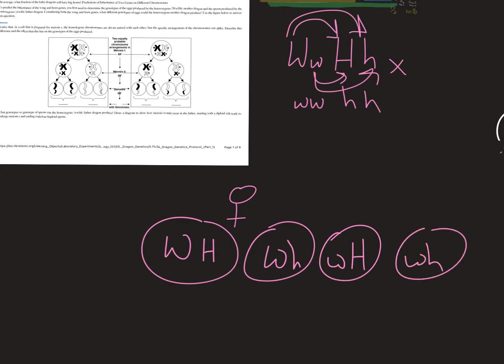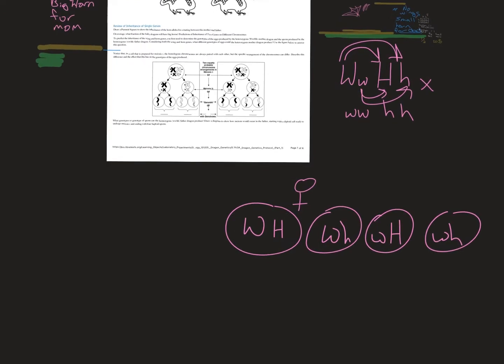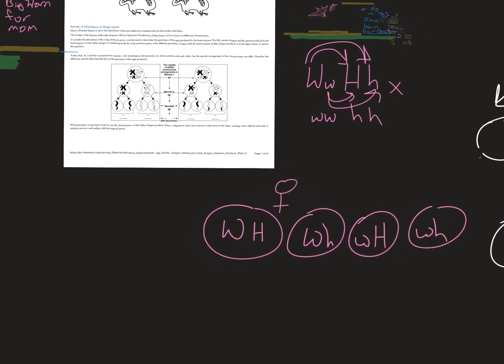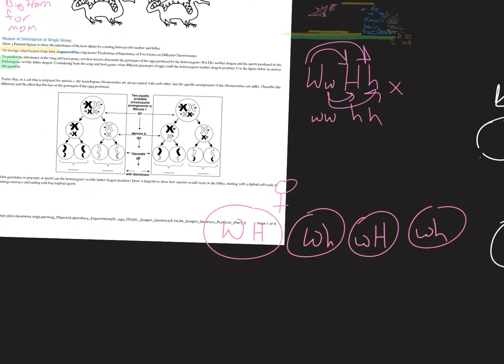So those are the four that mom can produce. That's what we're talking about here. That's all they're trying to do with this, they're trying to show you why that's the case. Is that clear? We did it with math, and if you see Dad, the only thing Dad can make is little w, little h. That's it.